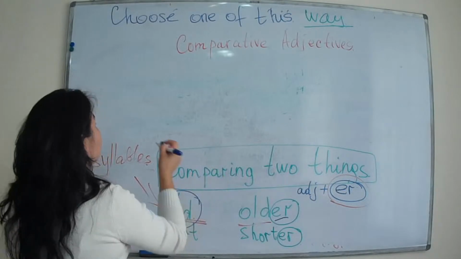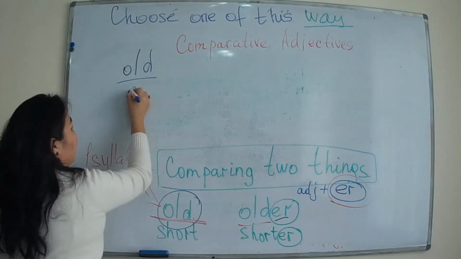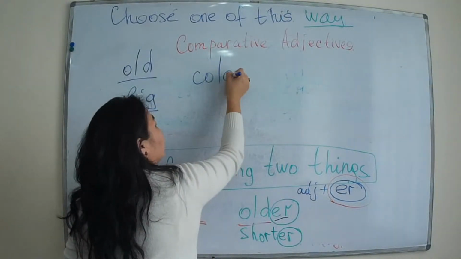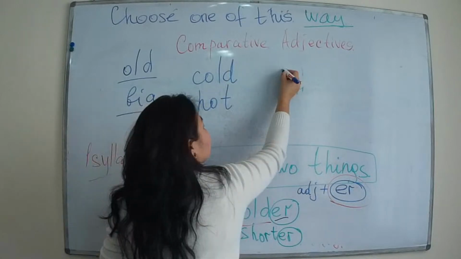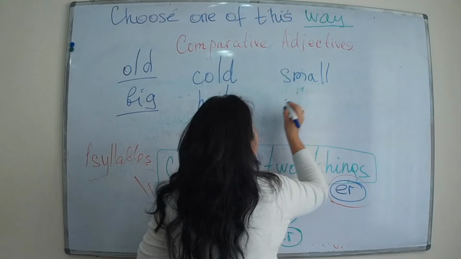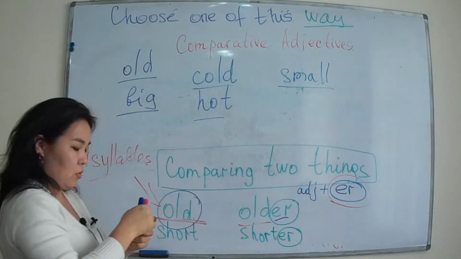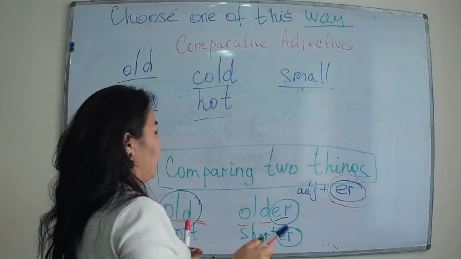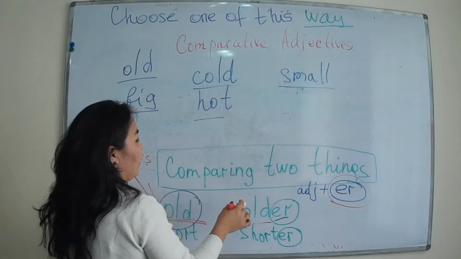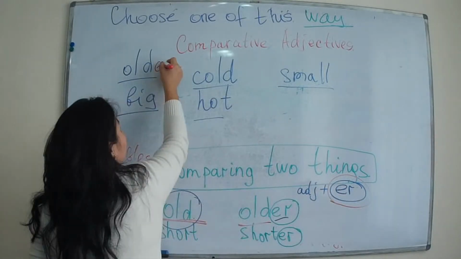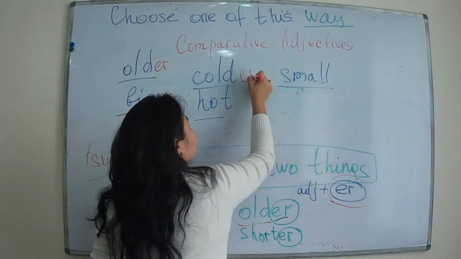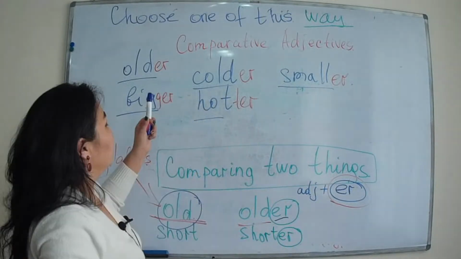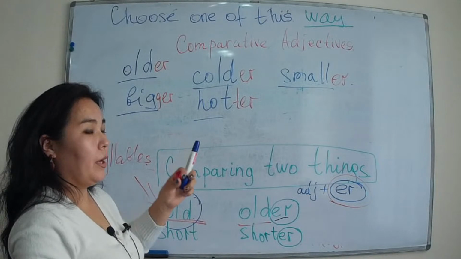For example, it is old, it is only one. Big, cold, hot, small. Do you see? It has only one syllable in the word, so that's why we add only er in order to compare it. Older, bigger, colder, hotter, smaller.